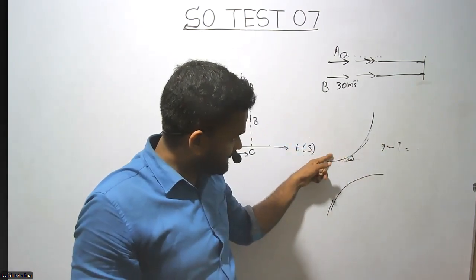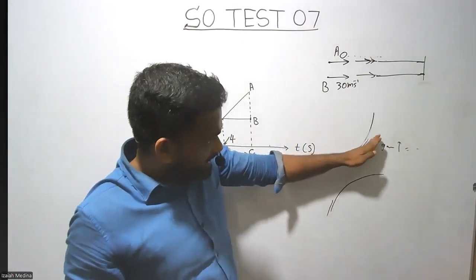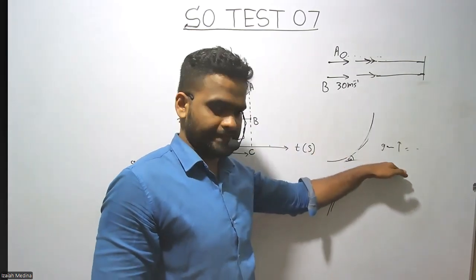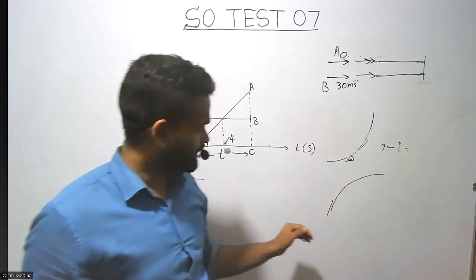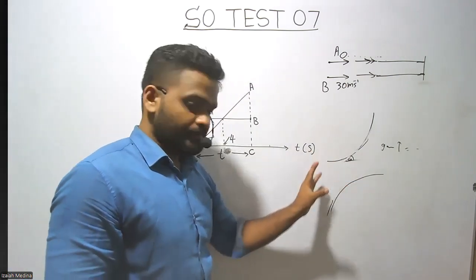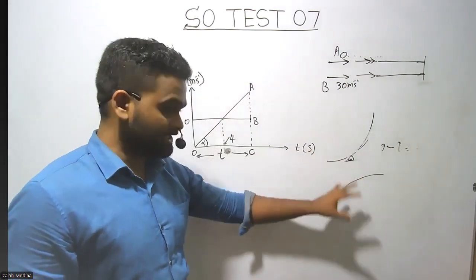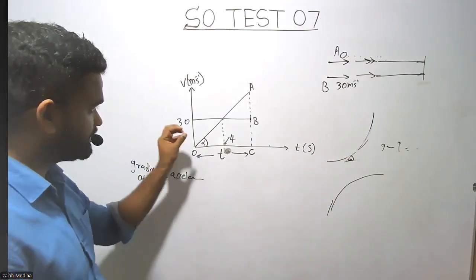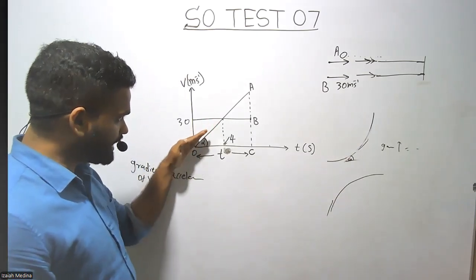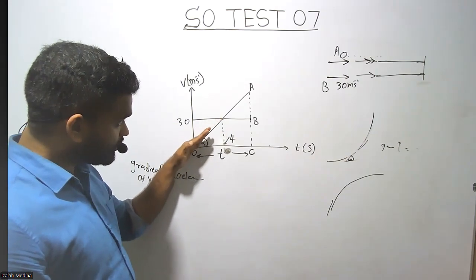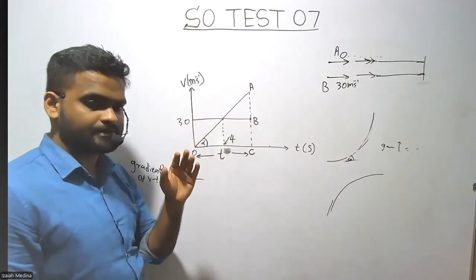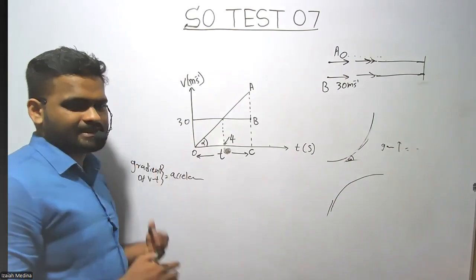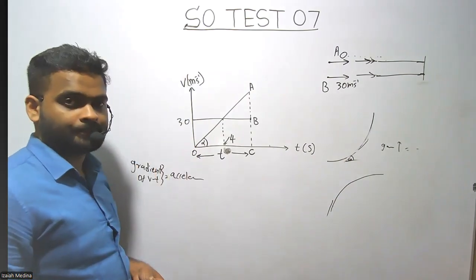When you go along here, the slope is increasing. Here the slope is decreasing. Okay? That is very important, right? I'll explain this again in other questions. Anyway, for this one, if we go along, we have a constant slope. The gradient is constant, so constant acceleration. It is not that useful for here.